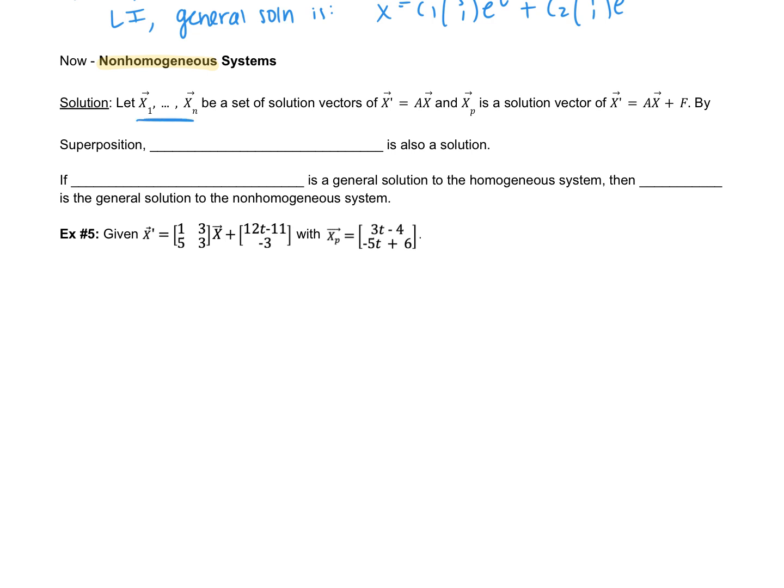So let x1 to xn be a set of solution vectors of the homogeneous system. We also then have a particular solution, which is a solution vector of the non-homogeneous system. By superposition then, x, which is c1 x1, all the way up to cn xn, add xp, is also a solution.